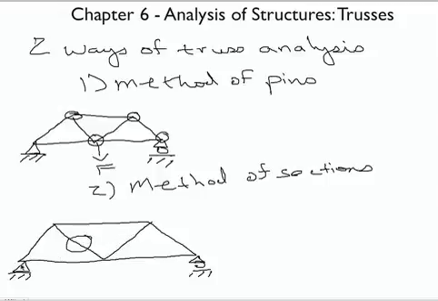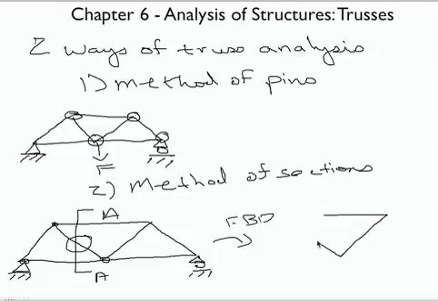So to get at that one by method of pins, we'd have to solve this joint and then solve this joint or this joint. That's how we'd have to do it. With method of sections, we're just going to cut the entire body. So I'm going to make a cut right there. Like I'm going to cut it with a knife. And then I can draw the free body diagram of that cut and have it basically just represent all the cut pieces with forces.